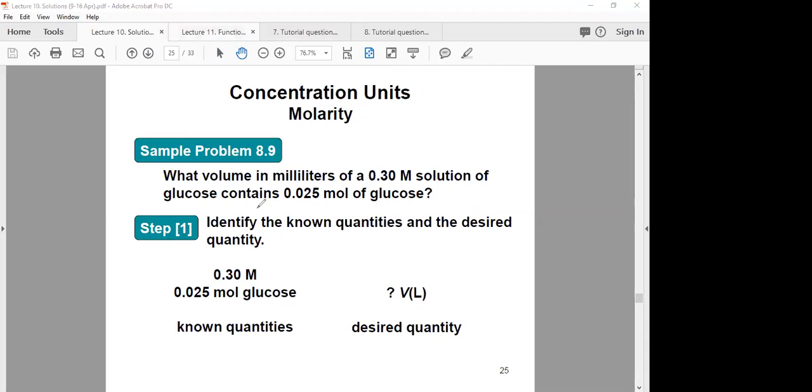What formula shall we use for this problem? Same one. n equals CV. Correct. n equals CV. We'll do the job. All right. I'll give you a minute to work this yourself.